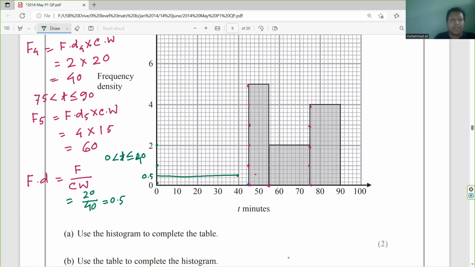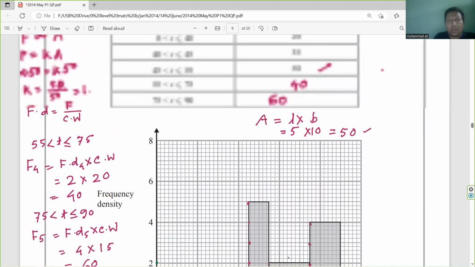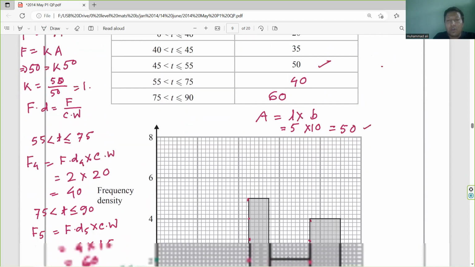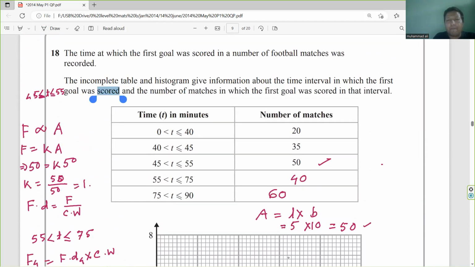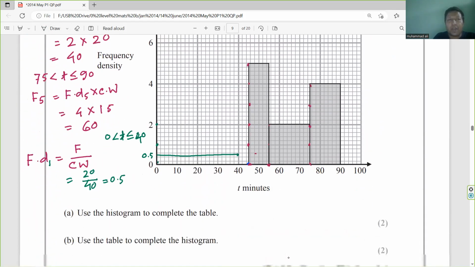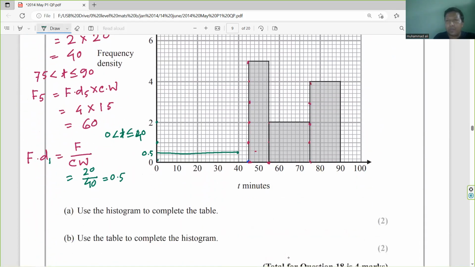Now for 40 to 45, the frequency is 35. Frequency density equals frequency divided by class width.